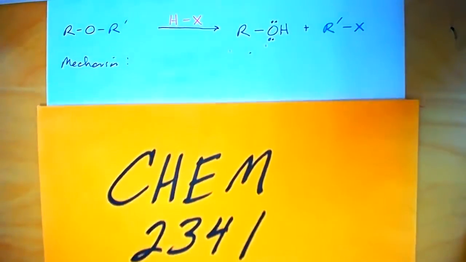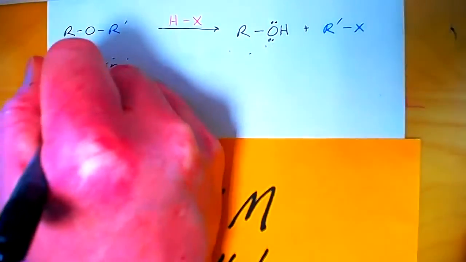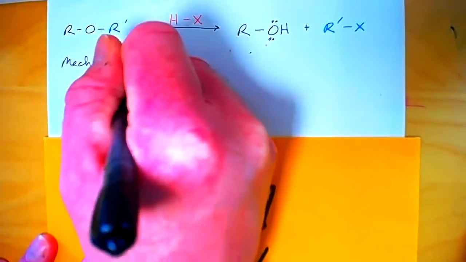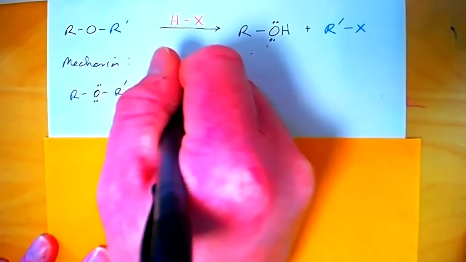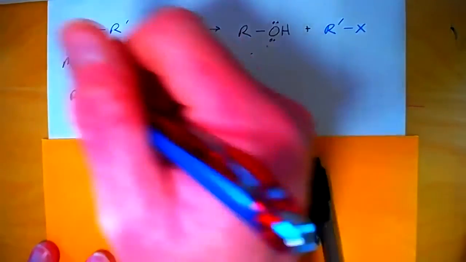And the reason why it does this is because the oxygen in the ether is sensitive to acid.